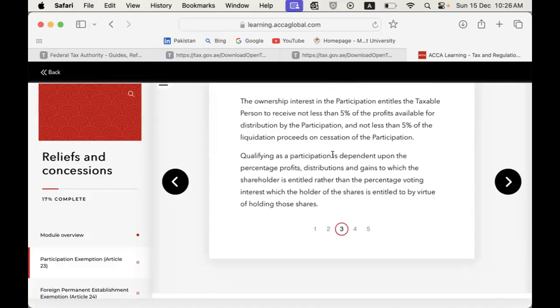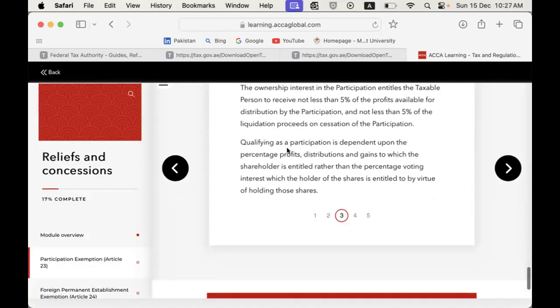It can be profit distribution, it can be liquidation distribution as well. Qualifying as a participation is dependent upon the percentage of profits, distribution, and gains to which the shareholder is entitled, rather than the percentage voting interest. So it's the distributive share that determines whether this is a participation, whether the participation exemption is available or not. It's not only voting rights or holding of the share capital only.